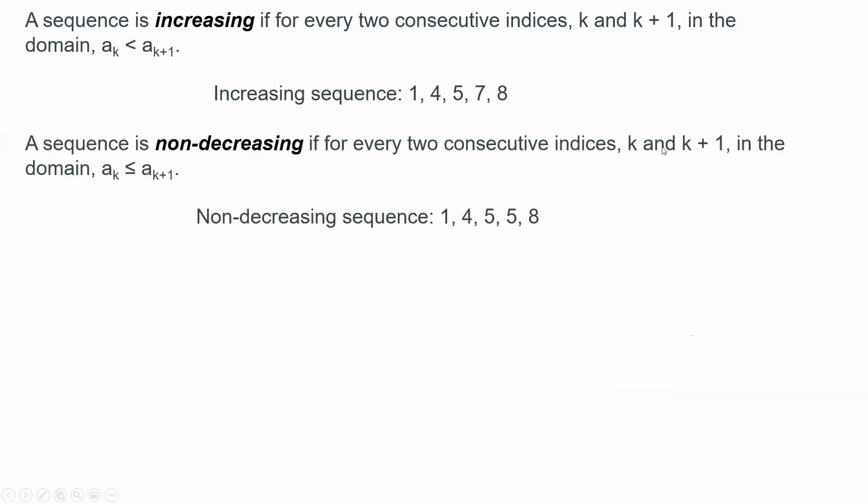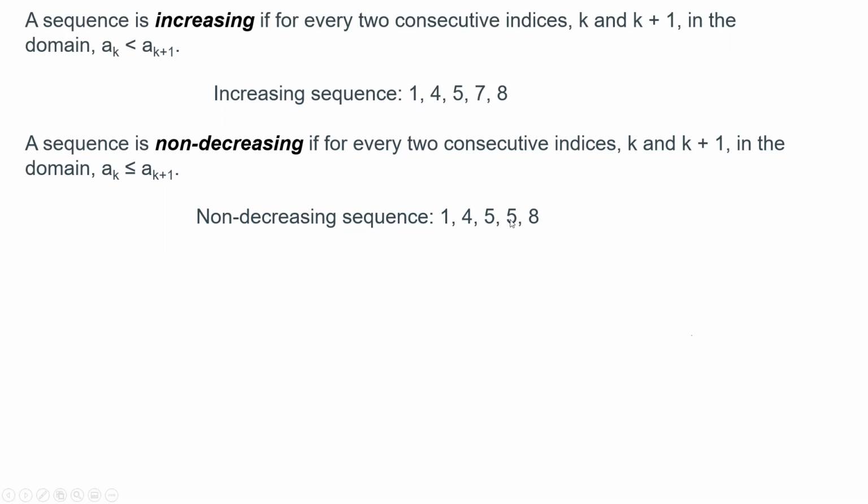Now, non-decreasing means that it's almost the same as increasing, except that we're allowing for copies of terms. Like here, 5 showed up twice. So we have 1, 4, 5, 5, 8. So each term is at least as big or bigger than the previous term.